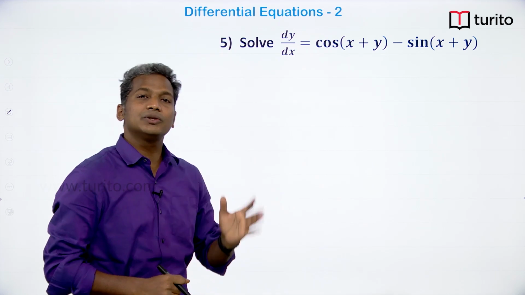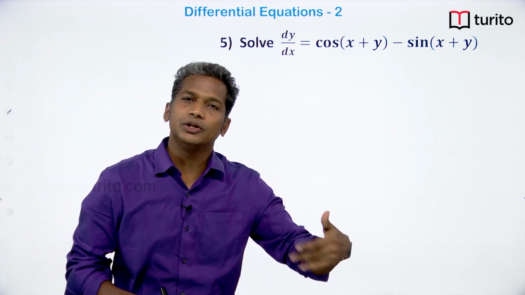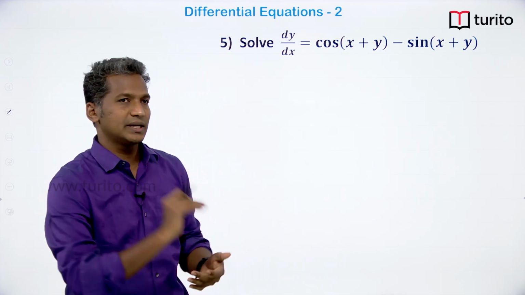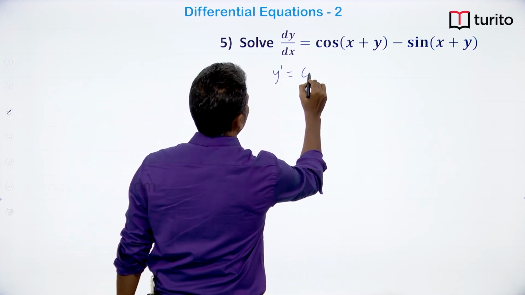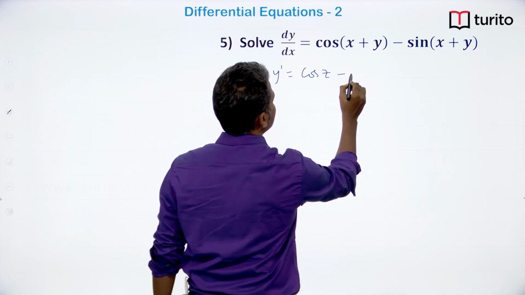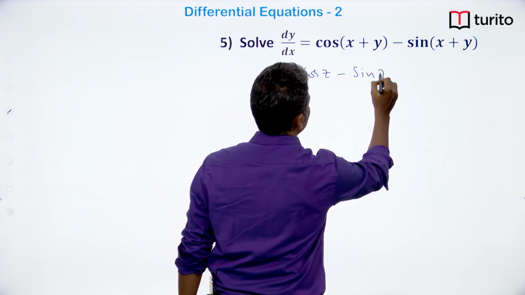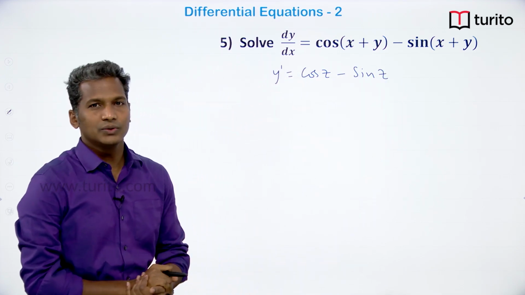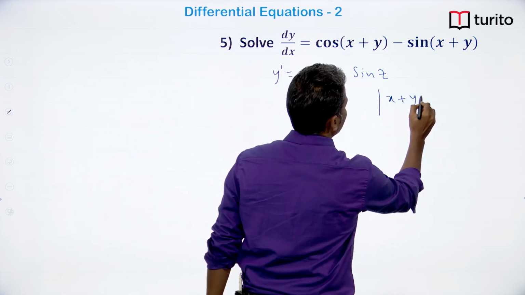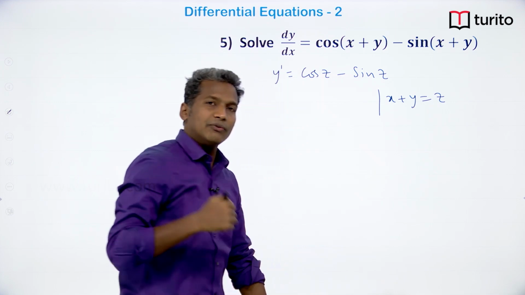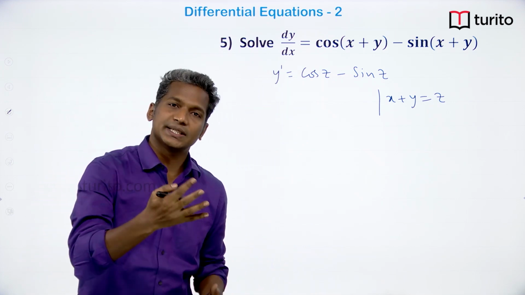The idea is to substitute x plus y equal to a new variable, let us say z. So, here it becomes y dash equal to cos z minus sin z. If I use x plus y equal to z, then I have to convert y dash also in terms of z dash.